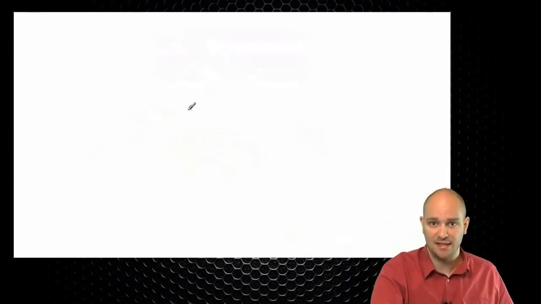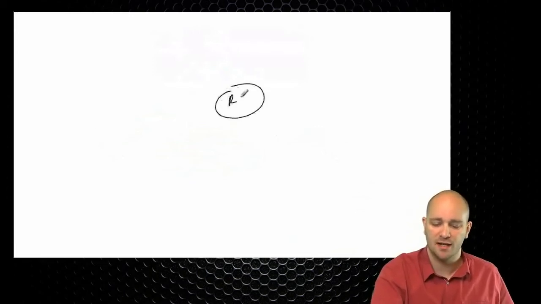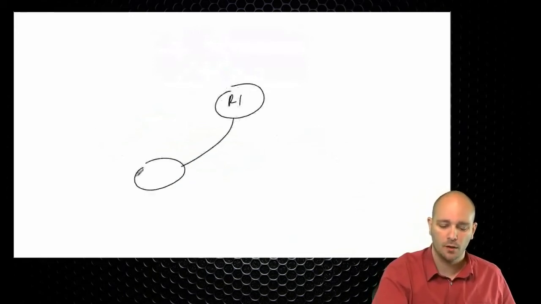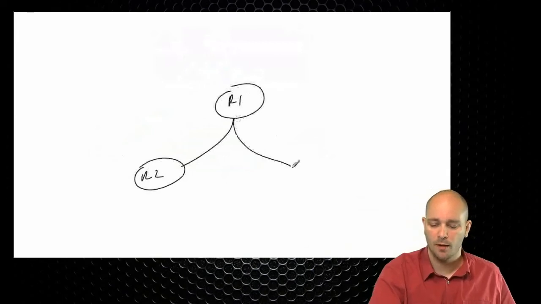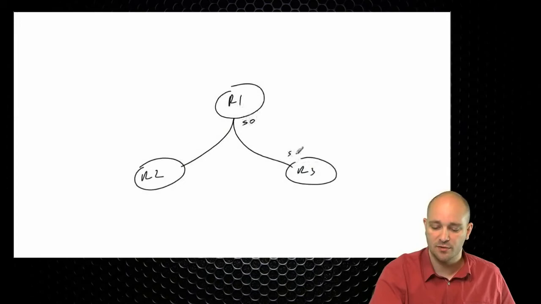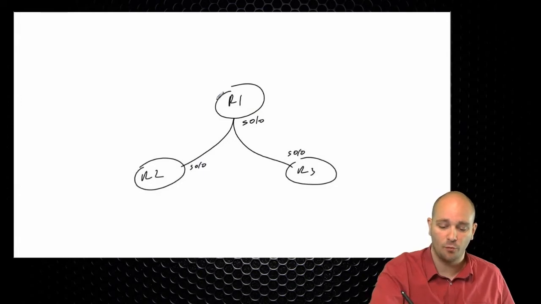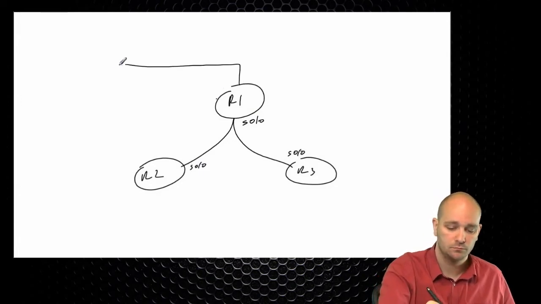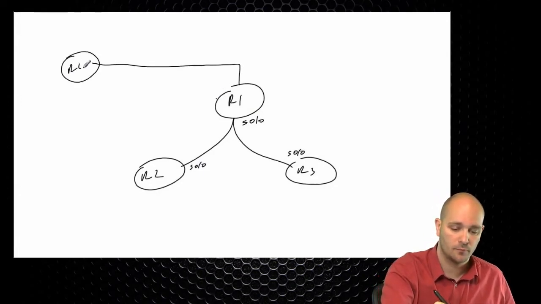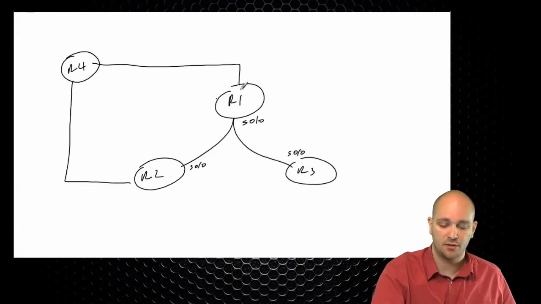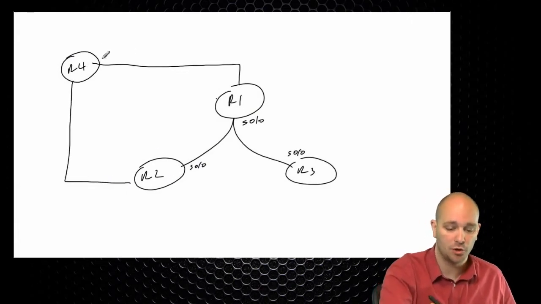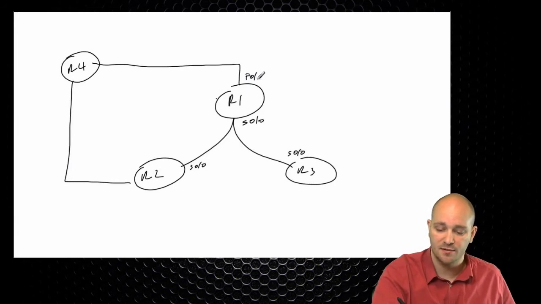This is going to be a slightly elaborate scenario. So I'm going to have 3 routers that are in hub and spoke. So let's say that I have R1, R2, and R3 here. This is a serial interface, this is a serial interface, this is a serial interface. And let's say that we have R4 that is connected to both R1 and R2, and let's say that this is a FastEthernet interface.